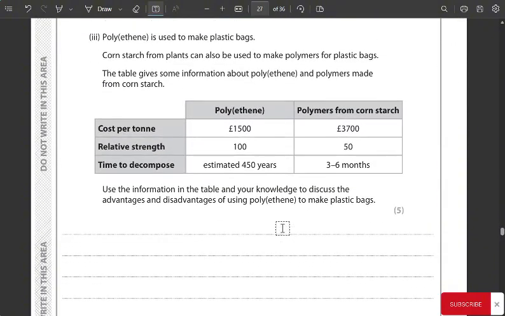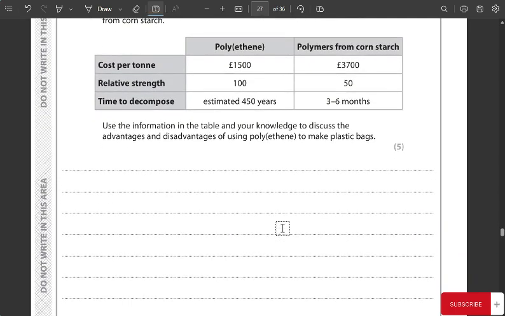And next one, polyethylene is used to make plastic bags. Cornstarch from plants can also be used to make polymers for plastic bags. The table gives some information about polyethylene and polymers made from cornstarch. We should use the information in the table and your knowledge to discuss the advantages and disadvantages of using polyethylene to make plastic bags.